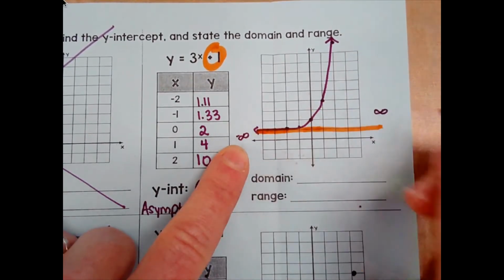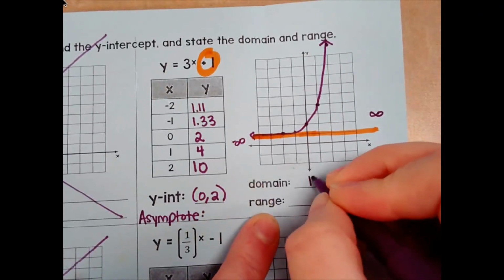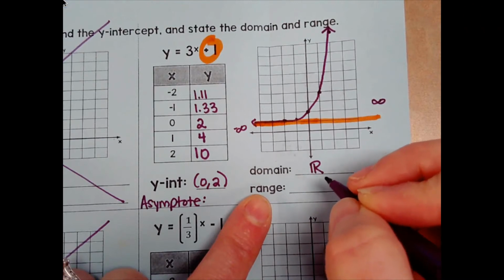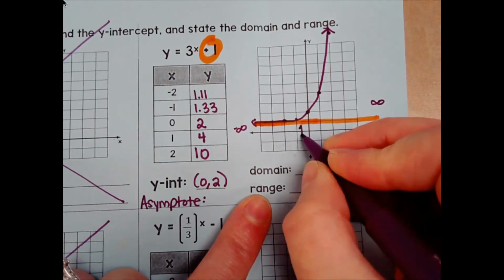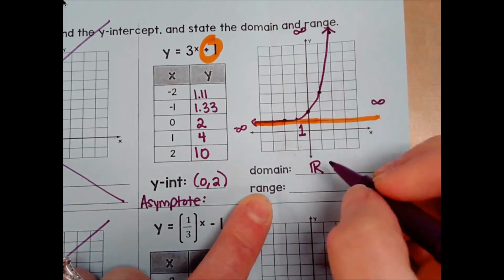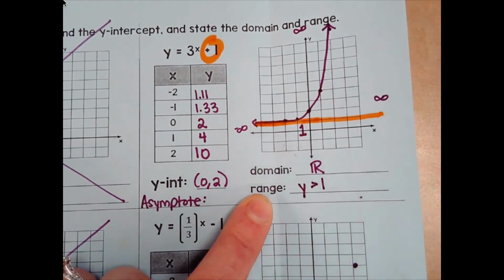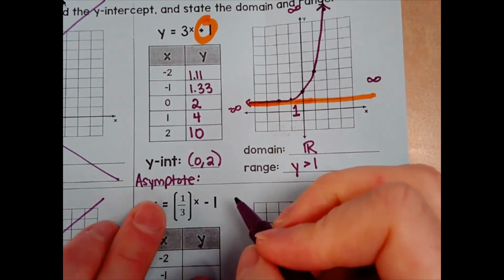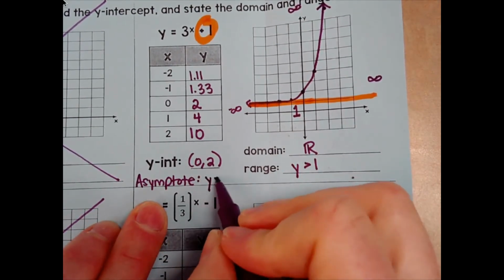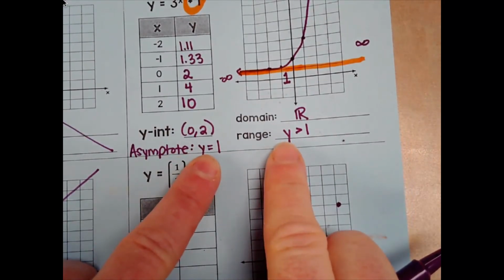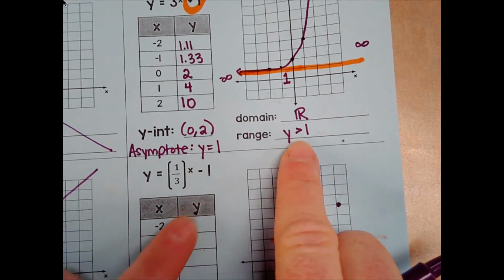To positive infinity, yep. So our domain is all real numbers. Our range, though, how low does it go? 1, up to infinity because it's continuing on. So y has to be greater than 1 here. In our asymptote, yep, y equals 1. See how these are almost the same? The asymptote is at that number. The range has to be above that number.